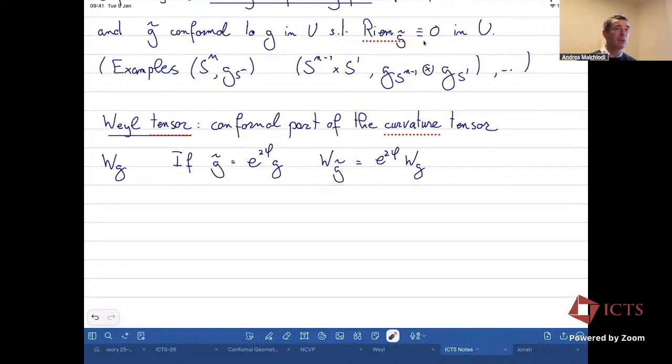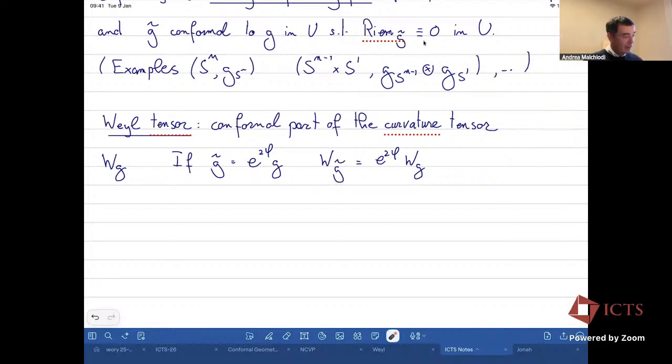It is not obvious because essentially the curvature involves second derivatives of the metric coefficients. So in general, if you change the metric conformally, you expect to see second derivatives of the conformal factor. But the Weyl tensor has exactly these cancellation properties, so you don't see any derivatives of the conformal factor at all. So the transformation law is very simple.